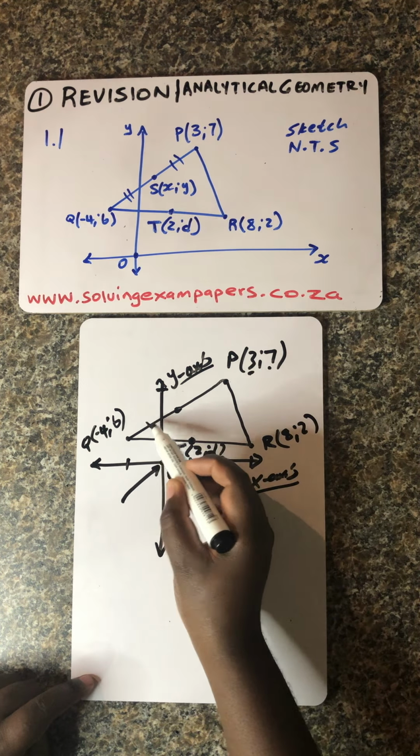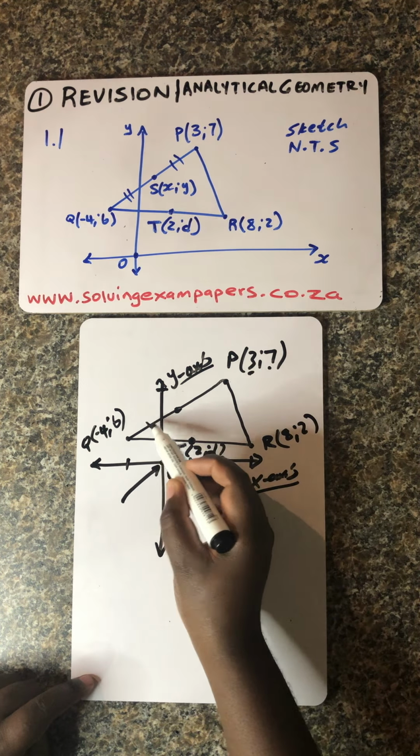Guys, the coordinates are unknown and therefore referred to as x as the x value and y as the y value. Okay, so ladies and gentlemen, just know that in case the x or the y value is unknown, they are going to write a letter. Okay, that's if it's unknown. If it's known, it's going to be a number just like that one over there, ladies and gentlemen. So at point T, we just know the value of x is 2, but the value of D is unknown.